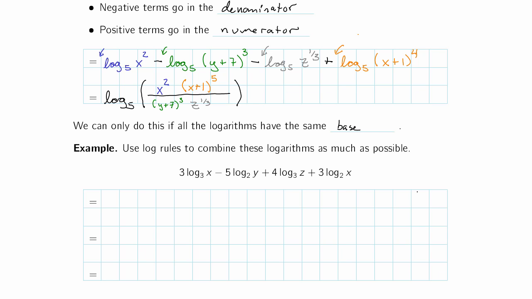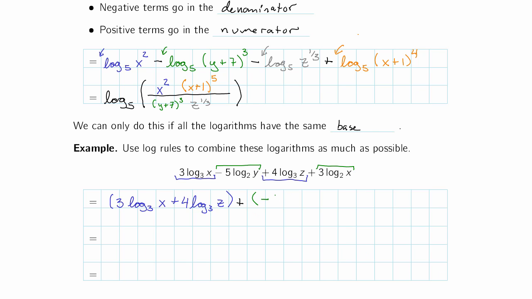So if we have logs in more than one base, our first step is to group the logs in the same base together. So I have a log base 3, and here's another one. I'm going to group those together. And then I have a log base 2, and another one.